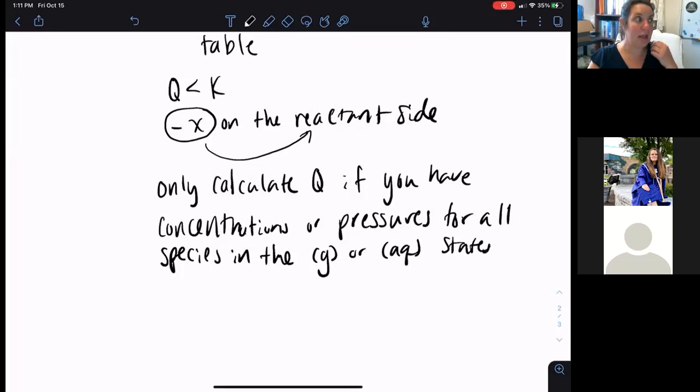So if you have something that you're starting out with 0 of, then you won't calculate a Q for it. You already know which direction it needs to go in. It's going to go towards the thing that doesn't have any. We have to have some amount of every single species at equilibrium.